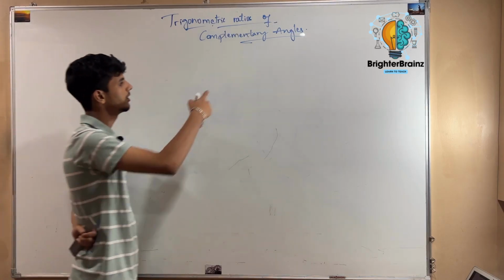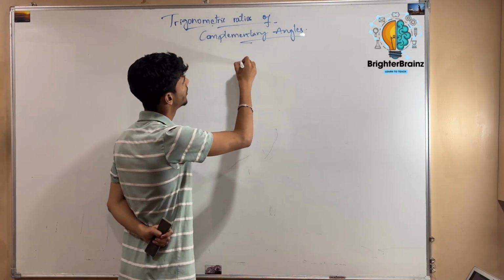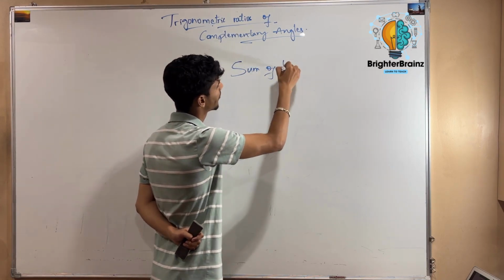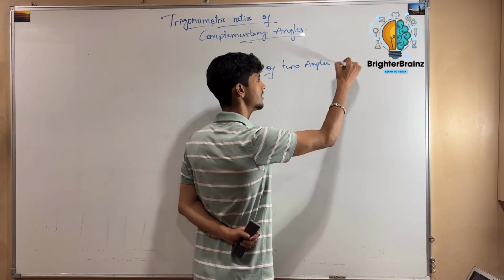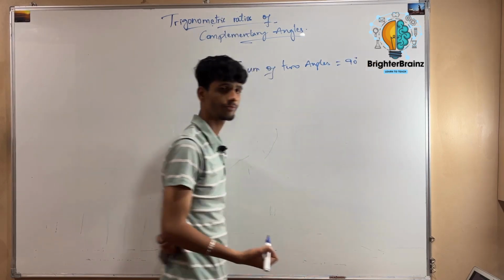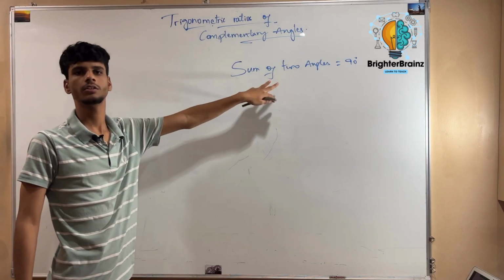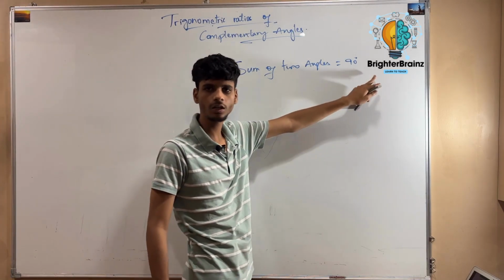A complementary angle is nothing but two angles whose sum is equal to 90 degrees. When we add the two angles, we should get 90 degrees.